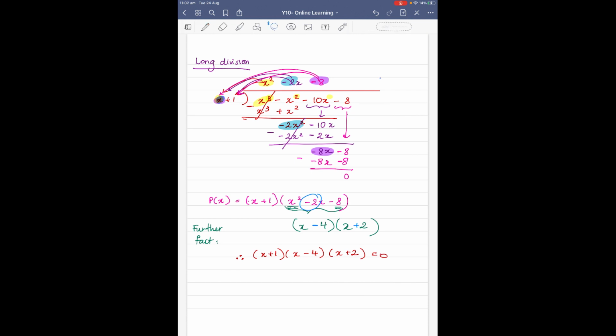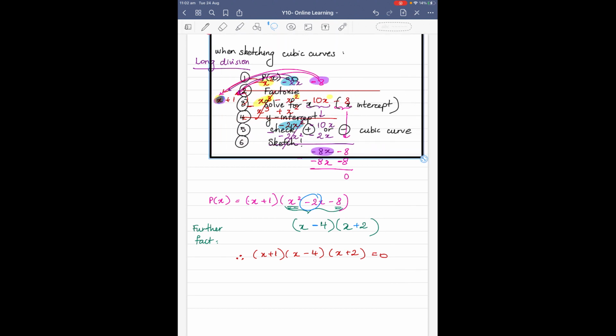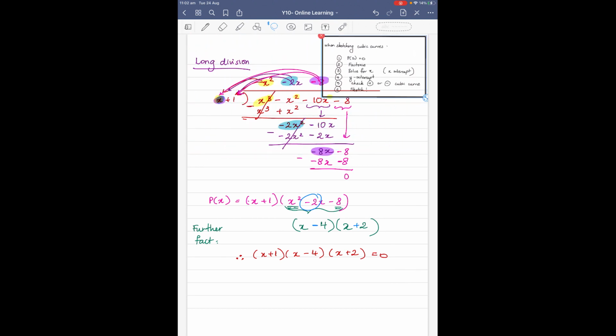Okay, so looking back at our chart here, we have p(x) equals 0, correct? It's been factorized, correct? Now you need to solve for x to find your x-intercepts. So I'm just going to copy this.